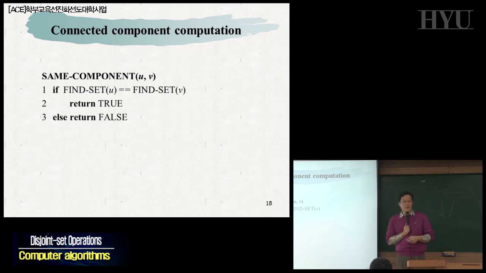Okay, they check if the two vertices are in the same set or not, but what is the main idea to check? The representative member of U and the representative member of V. So if they are in the same set, their representative members are the same. Okay, right.